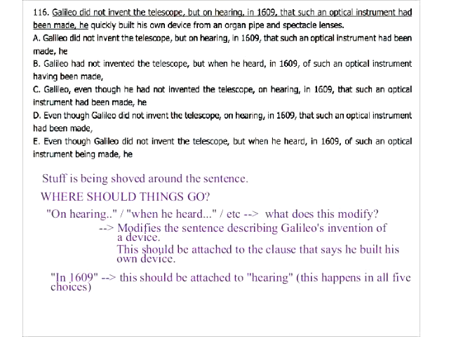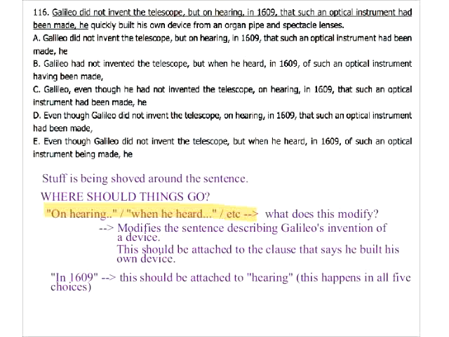And then, in turn, that whole thing should, yeah. So let's take a look at the way these sentences work. Here's on hearing in 1609. Okay, there's that modifier.